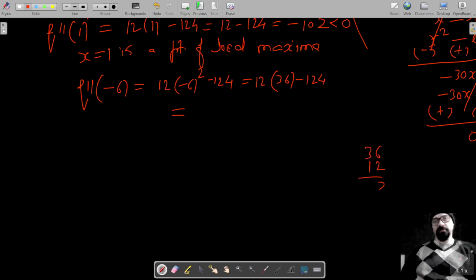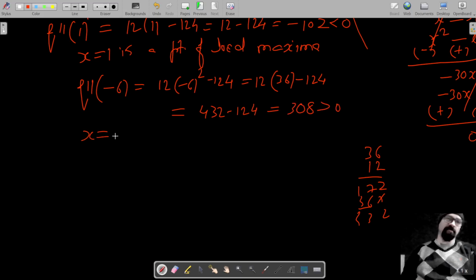So 12 into 36 is 432, so 432 minus 124 is 308, which is greater than 0. So that means x is equal to negative 6 is a point of local minima.